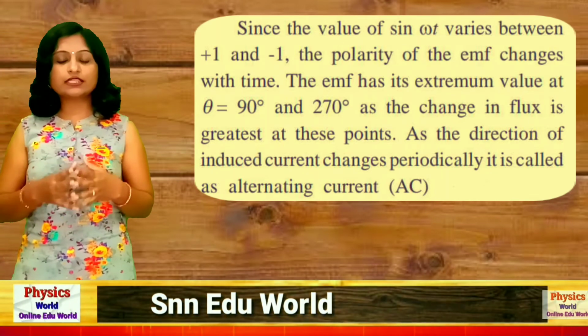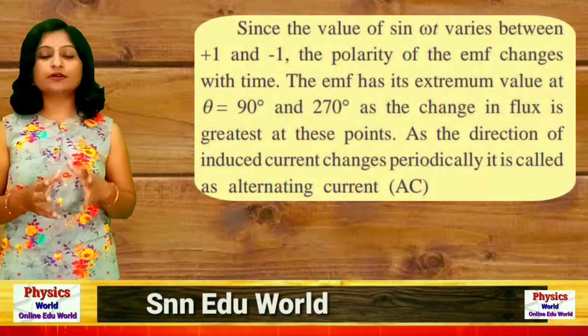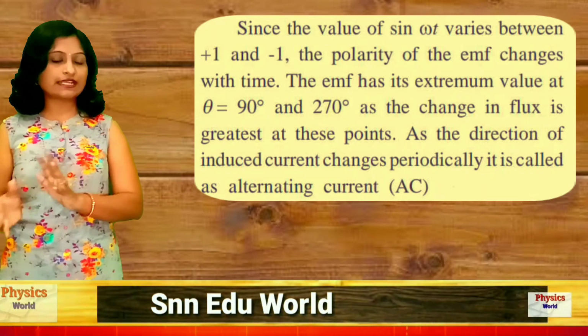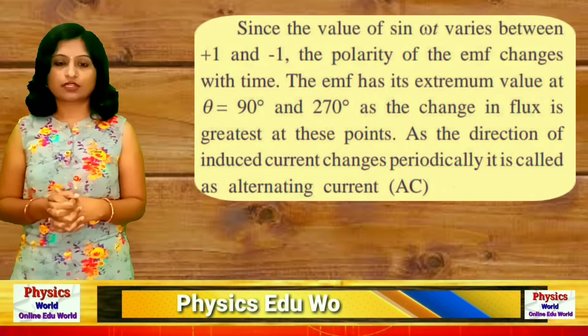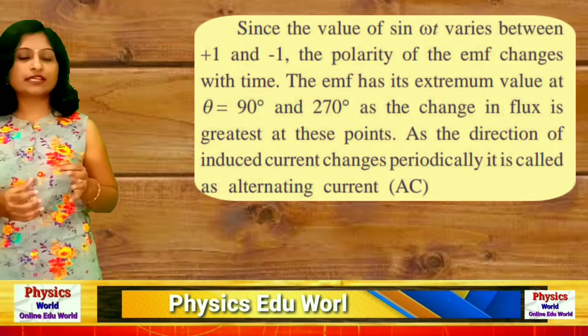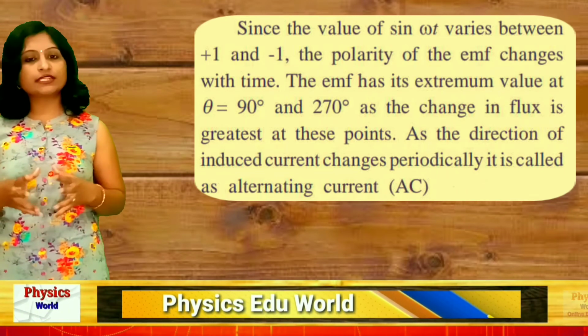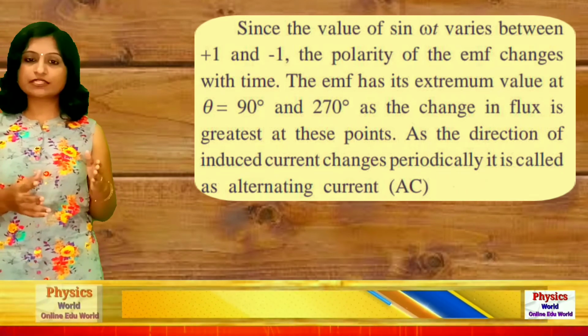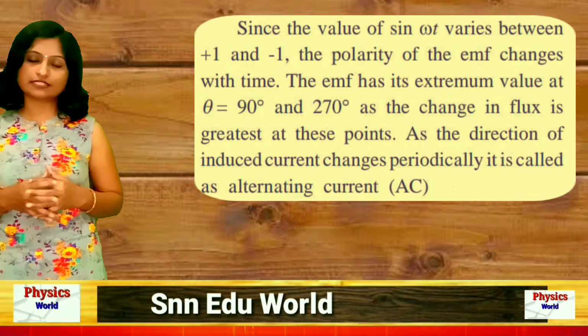So इथं polarity जी EMF ची आहे ती पण time सोबत जसा sine angle change होईल तसा change होणार आहे. So EMF having the maximum value at theta is equals to 90 and theta is equals to 270. म्हणजे जेव्हा +1 आणि -1 असणार आहे तेव्हाच maximum मिळणार आहे.